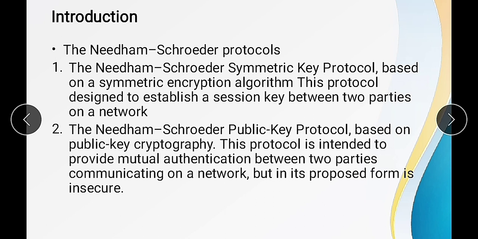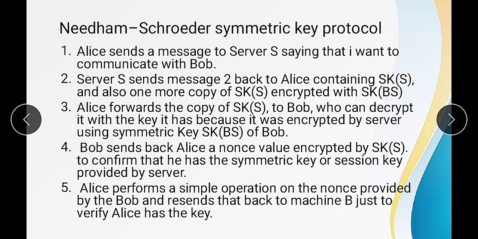Let us start with the Needham Schroeder symmetric key protocol. So first one is the Needham Schroeder symmetric key protocol. Before starting with the symmetric key protocol, we should understand what is Needham Schroeder's technique. Protocol technique means what it is actually doing.